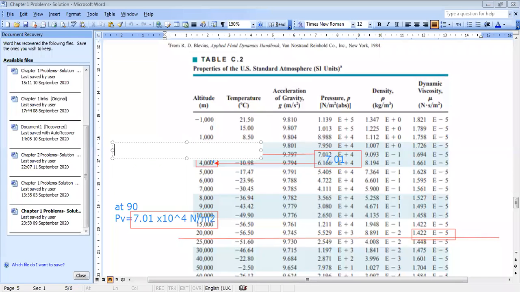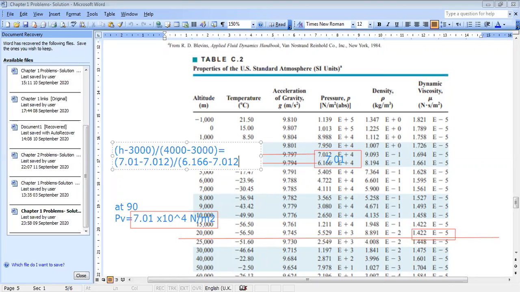So it's H minus 3,000 over 4,000 minus 3,000 is equal to the value of PV that we want, which is at H we have 7.01, so it's 7.01 minus, at 3,000 it is 7.012, over, at 4,000 the value is 6.166, so 6.166 minus 7.012.